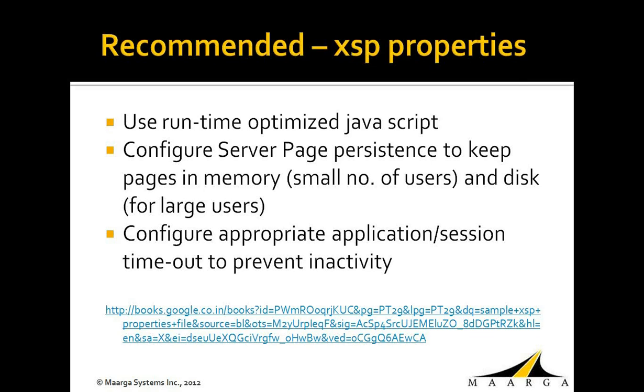This Xsp properties file plays a major role in performance, which I have experienced myself in one of the applications, where we could reduce the response time and make it at least 60 to 70% faster than when the application was behaving without these properties being set.